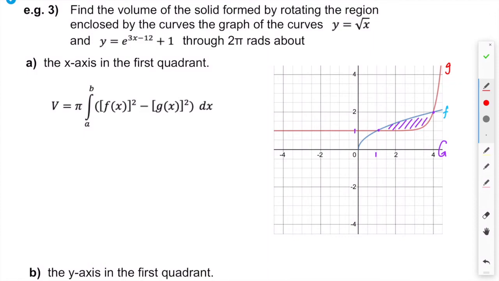So let's put this to work. I have pi from 1 to 4, the square of f of x minus the square of g of x. So it just becomes algebra here.